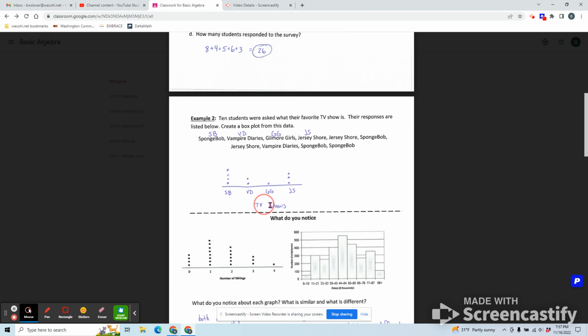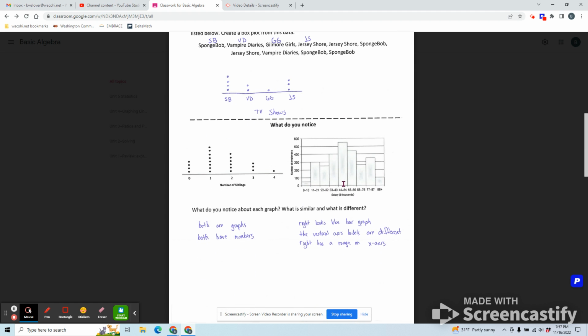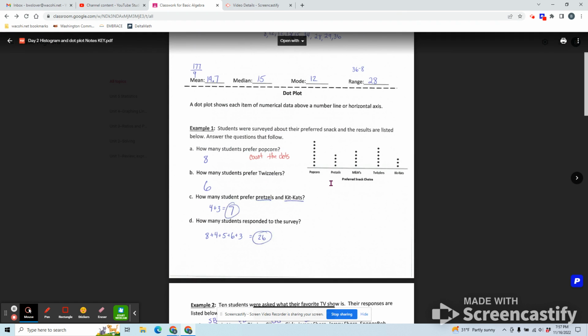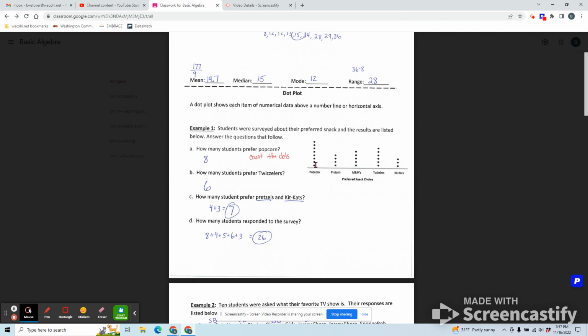I need to label my graph, and then I just abbreviated. So SB was SpongeBob, VD was Vampire Diaries, GG Gilmore Girls, and JS was Jersey Shore. And all I did was put dots for each indication. So those were dot plots. Right? It literally has a dot.